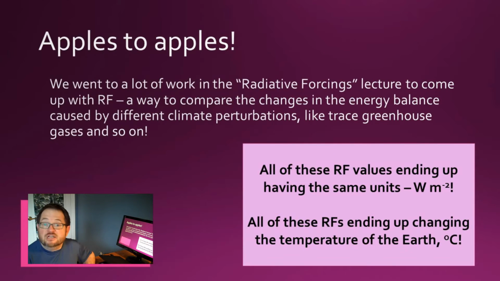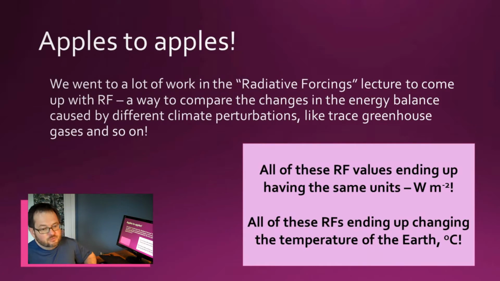Well, all of our radiative forcings, whether they were by carbon dioxide or stratospheric water vapor or changes in land use or aerosols or whatever, they all had common units. They were all in units of watts per square meter. The changes in carbon dioxide would have units like parts per million, but the radiative forcing that resulted had units of watts per square meter.